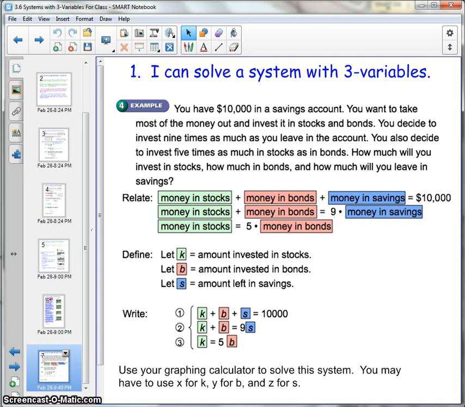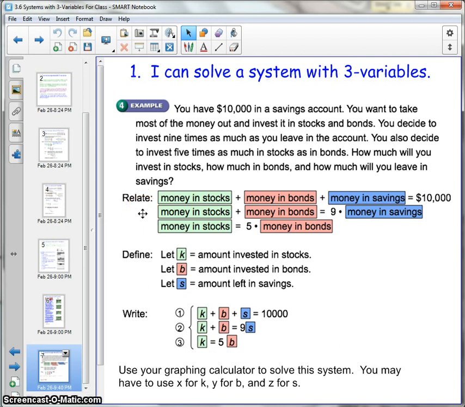So we want to relate what is happening in this problem. The first equation is that we have $10,000 total, and that is either in stocks, bonds, or savings. So if we add the money in the stocks to the money in the bonds and to the money in the savings, it will total $10,000.